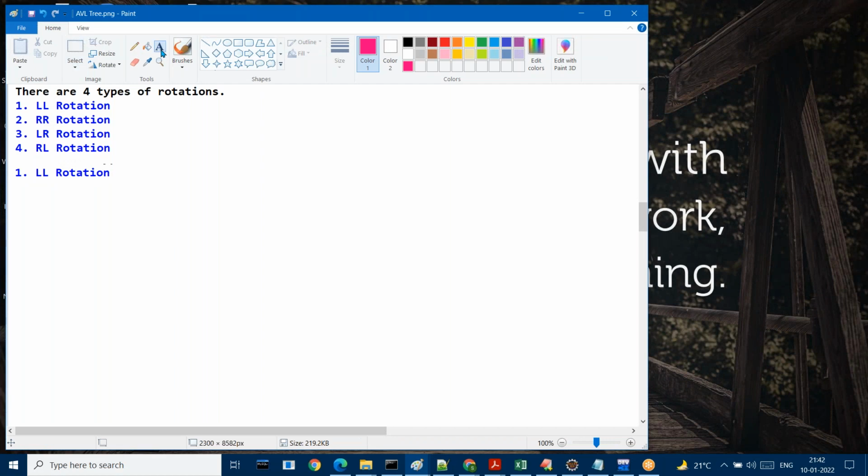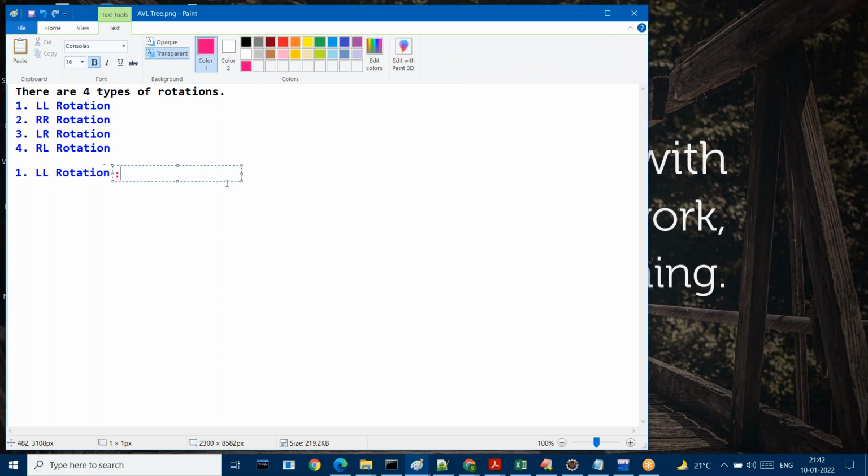Listen very carefully. What is this LL rotation? Why the word LL is chosen? Why did they choose the word LL?